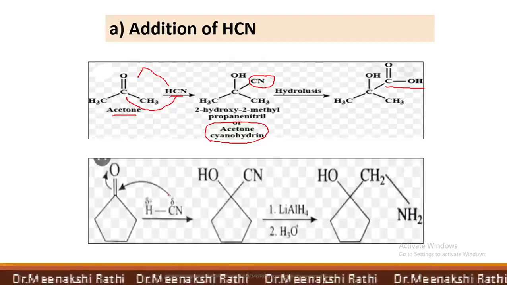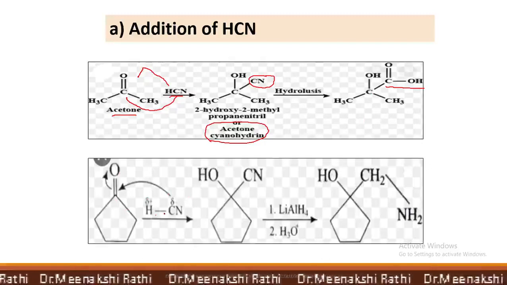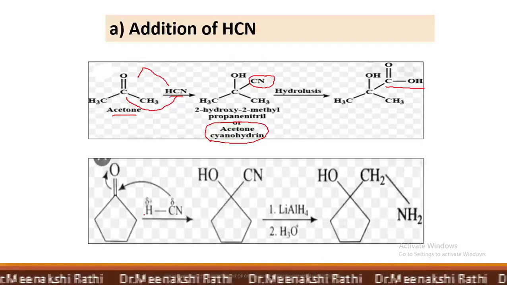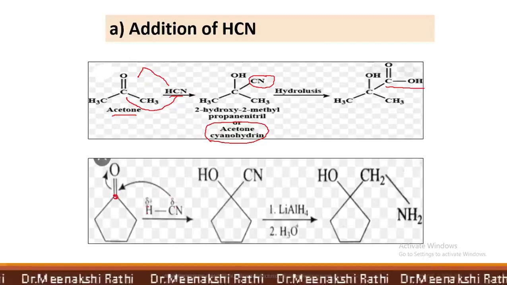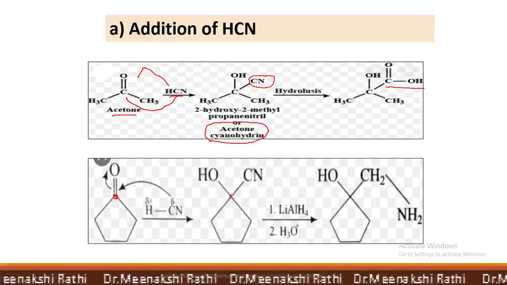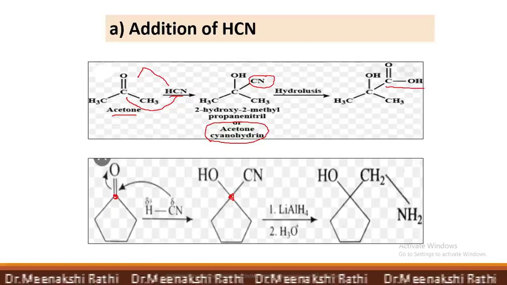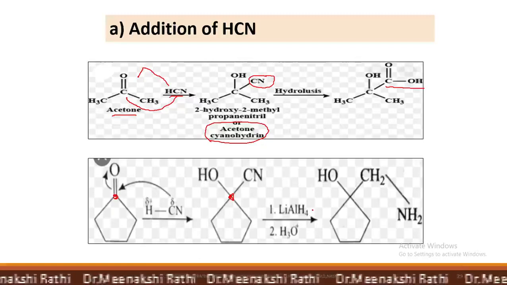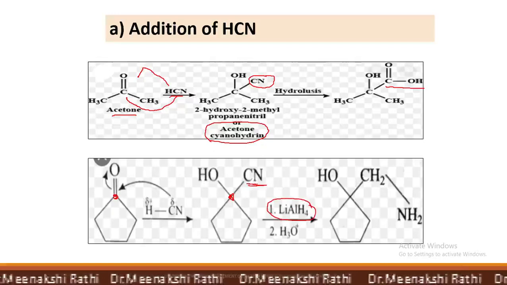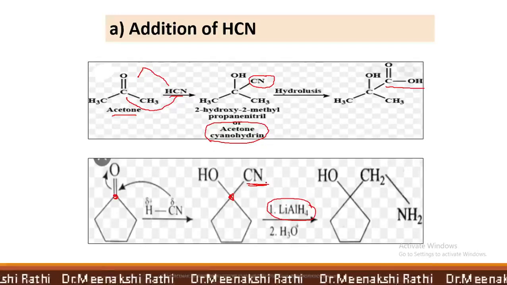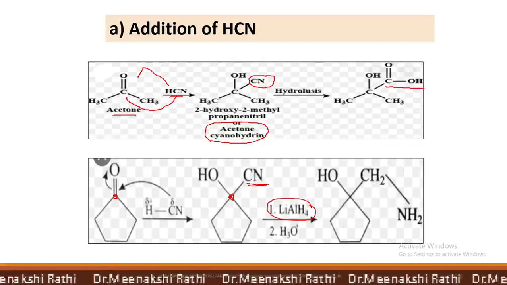Here, this is cyclopentanone. When HCN is added, again cyanide attaches to the carbon and hydrogen attaches to the oxygen. So we get this type of cyanohydrine. And cyanohydrine on reduction, cyanide group on reduction, here hydrogen atoms are added in cyanide.